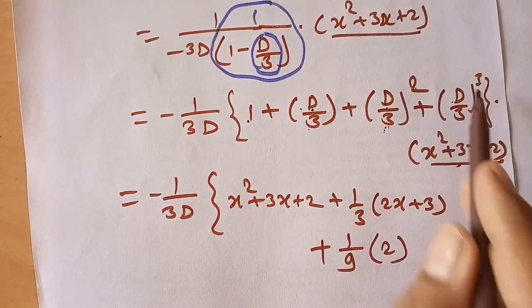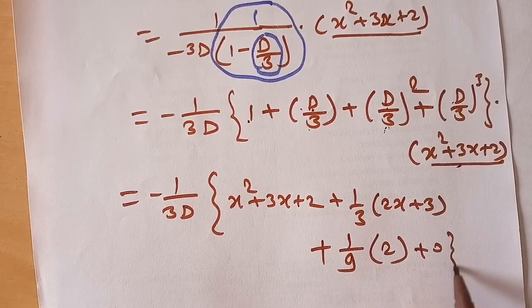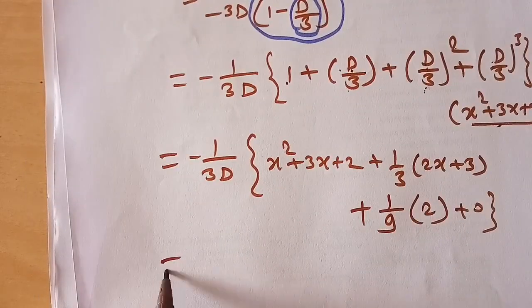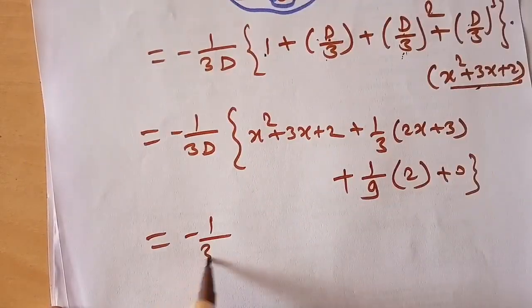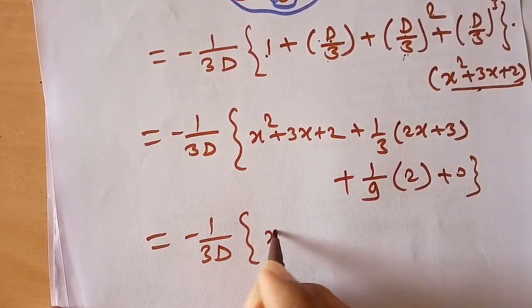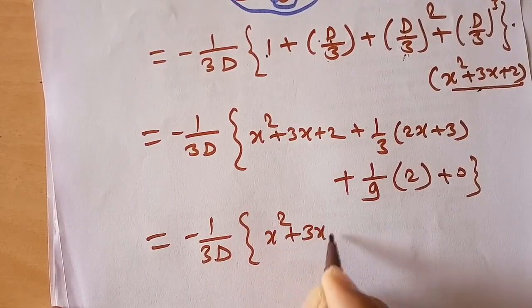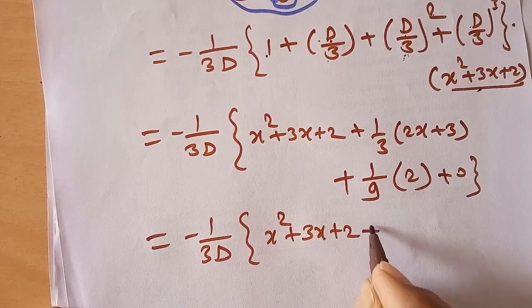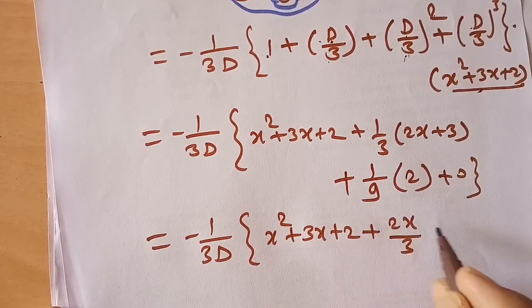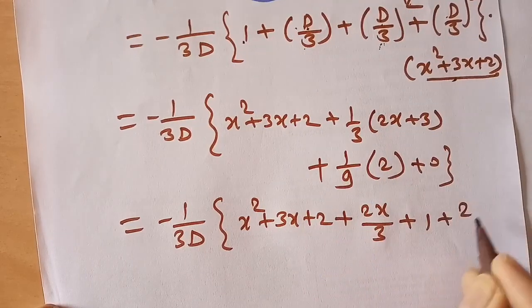Here is d cube, the third derivative becomes 0 and higher derivatives become 0, which is equal to minus 1 divided by 3d into x square plus 3x plus 2 plus 2x divided by 3 plus 1, I am multiplying by this 1 by 3 plus 2 by 9.